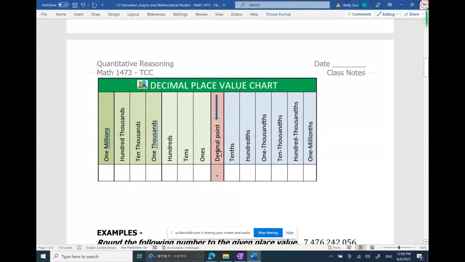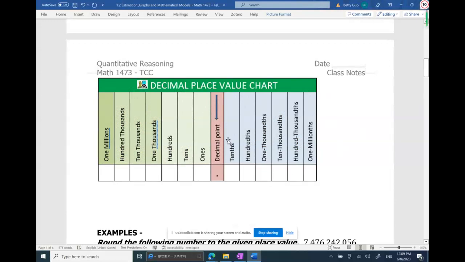And to the left of the decimal point, the first digit is ones, followed with tens, hundreds, thousands, 10,000s, and so on. We need to understand this chart before you round a number.